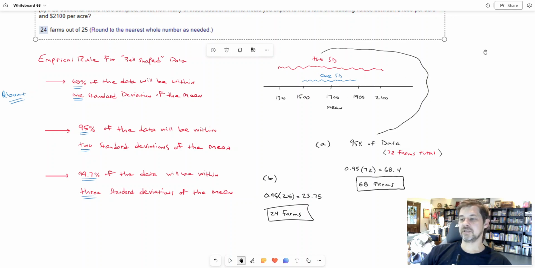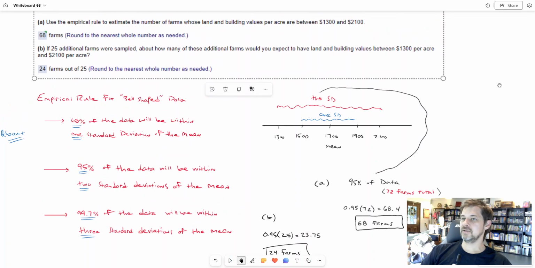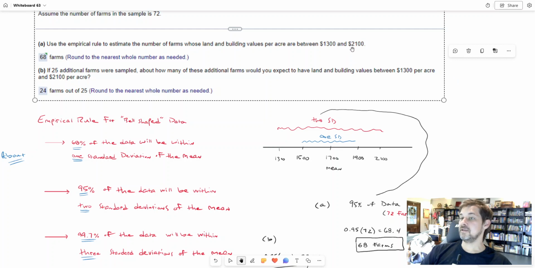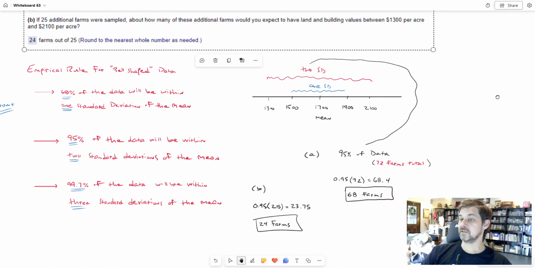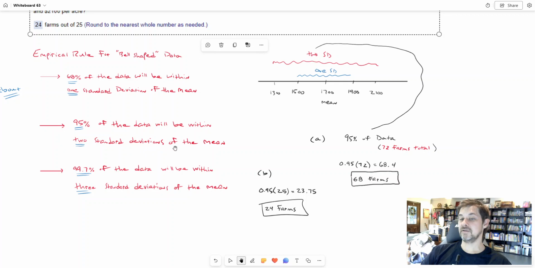Now, did the question ask me about that range of values? Did it say how many farms are 1,500 to 1,900? No, it said 1,300 to 2,100. So let's see what two standard deviations of the mean looks like. To get that, I go another standard deviation up and another standard deviation down.